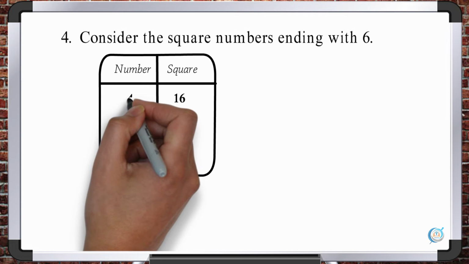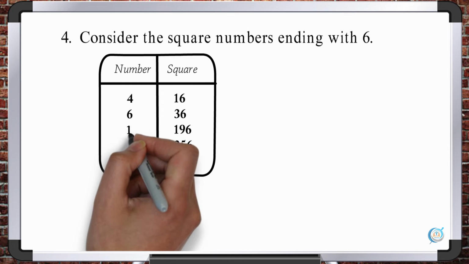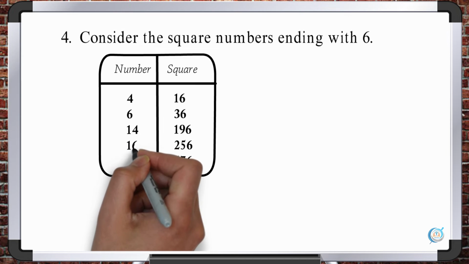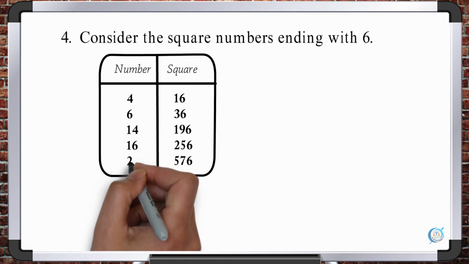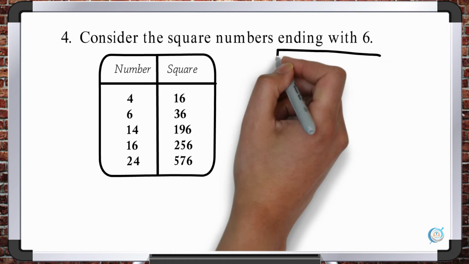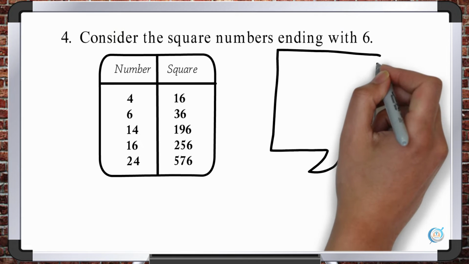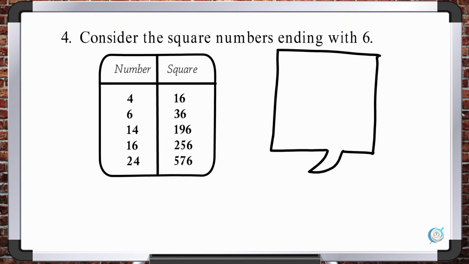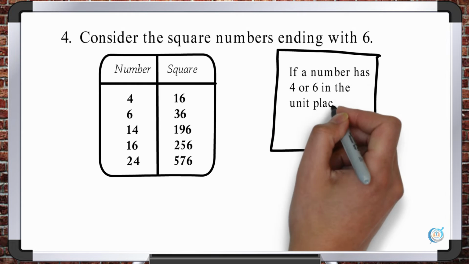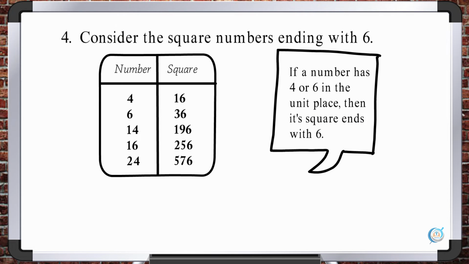So 16 is the square of 4, 36 is the square of 6, 196 is the square of 14, 256 is the square of 16 and 576 is the square of 24. So from this table also we can say that if a number has 4 or 6 in the unit place, then its square ends with 6.